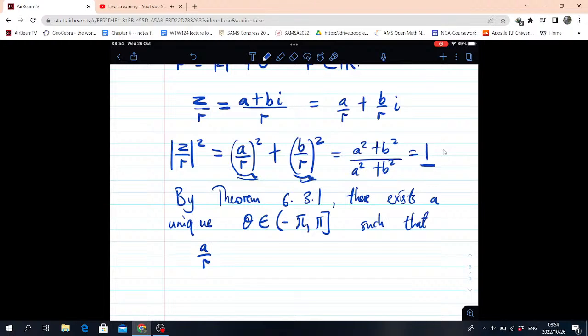We just take whatever is here, whatever is there. We know that a over r is equal to cos theta, and b over r is equal to sine theta.